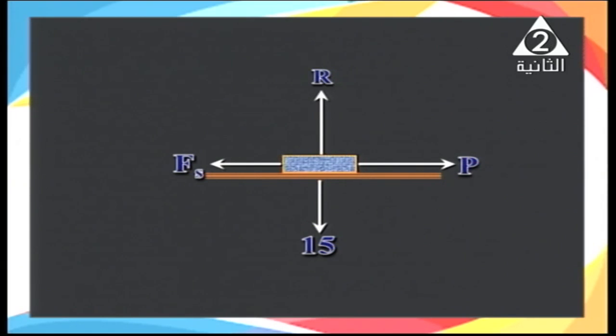Fs equals mu s R, which means mu s equals 1 over square root 3. Then we deduce that mu s equals tan lambda.